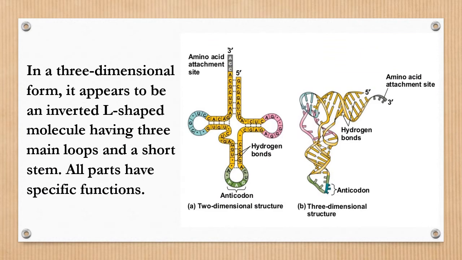And this tRNA in three-dimensional form appears to be an inverted L-shaped structure, and it has main loops and a short stem. All parts have specific functions. In three-dimensional form, we can observe the inverted L shape.